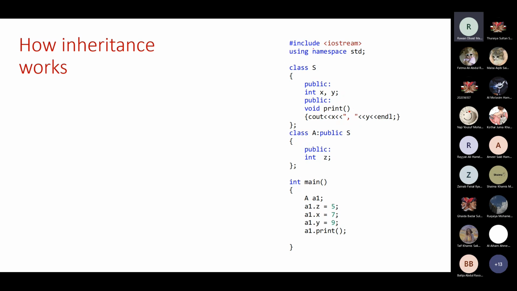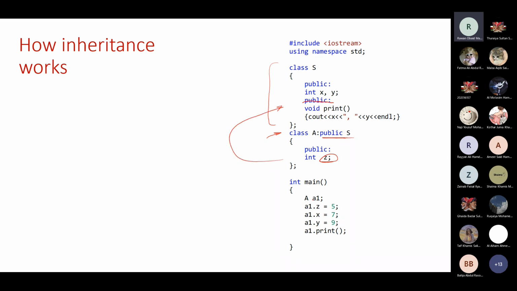So I have, for example, this class S, with public integer X, integer Y. I don't need to write public again here. Void print, which will print the values of X, Y. This is the superclass. If I define another class A, which inherits S, then I can add this, but I have access to everything here.